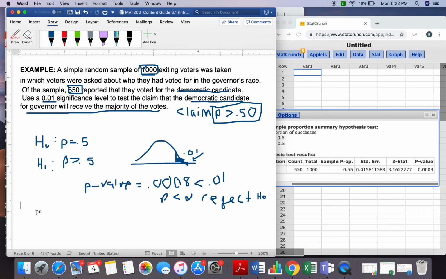So what this means is there is significant evidence that the majority of voters voted for the Democratic candidate.